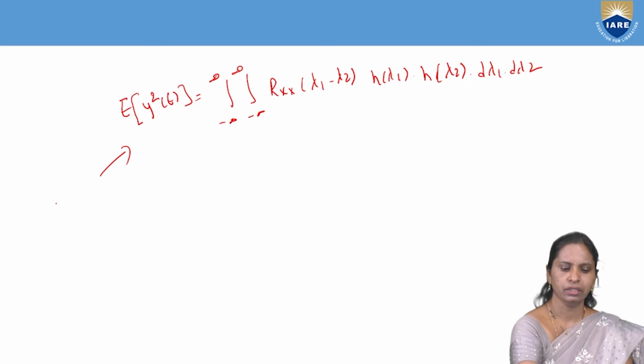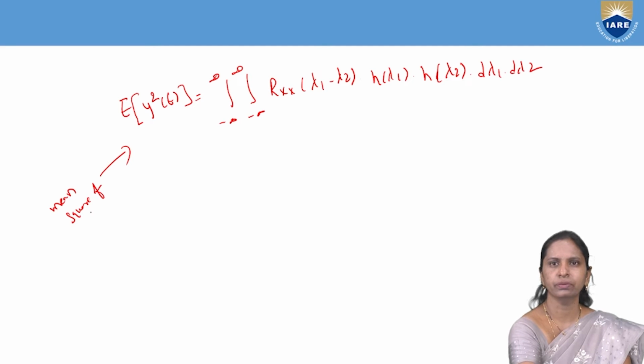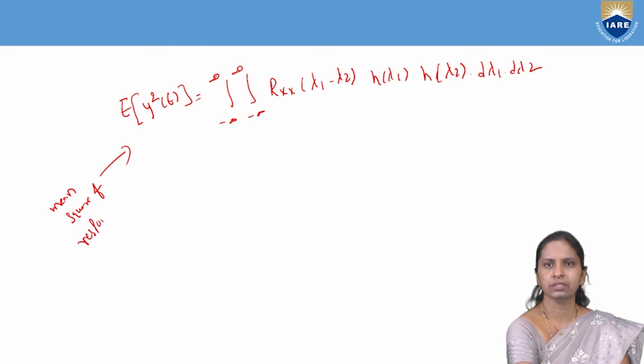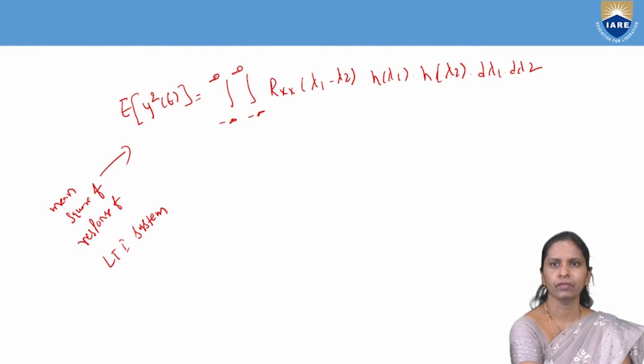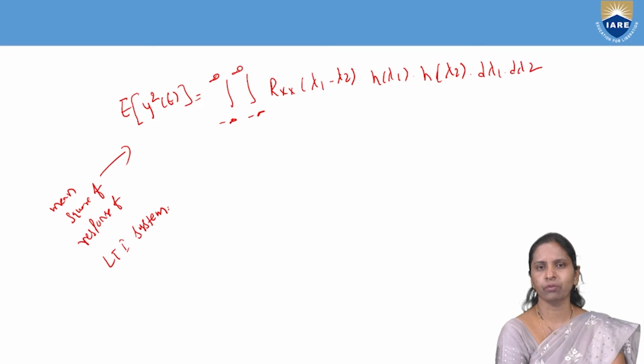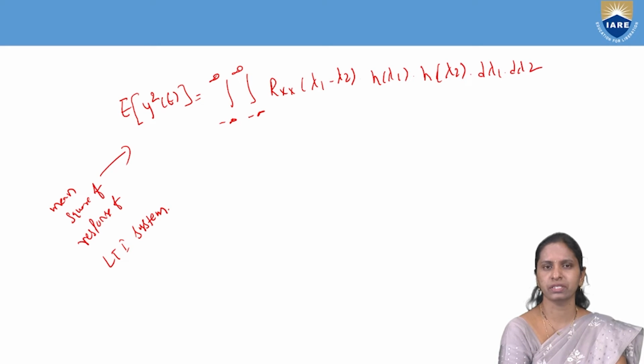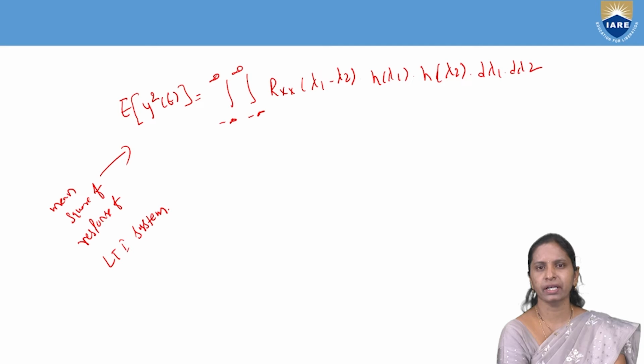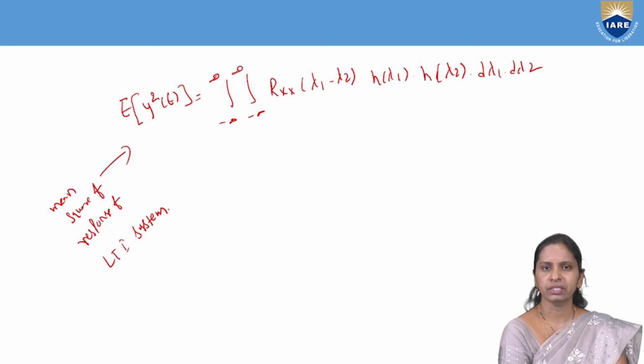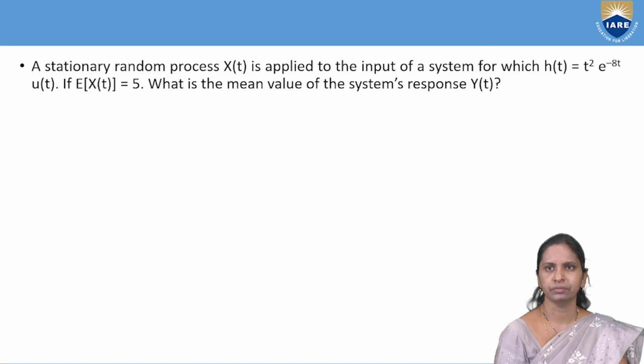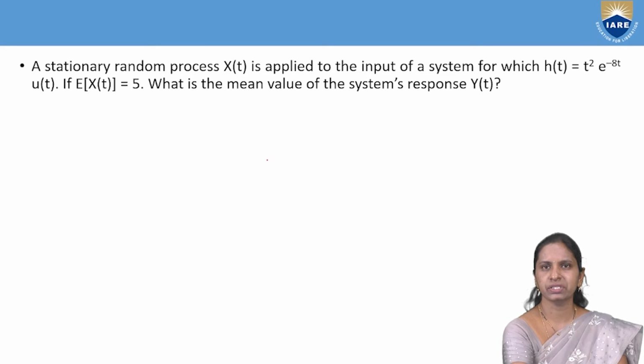This is the mean square of the response of the LTI system. So we have calculated the mean value of the response of the system as well as the mean square value of the response, and we are assuming one condition: that the input random process to the system is a wide sense stationary random process. Let us see some examples on this.